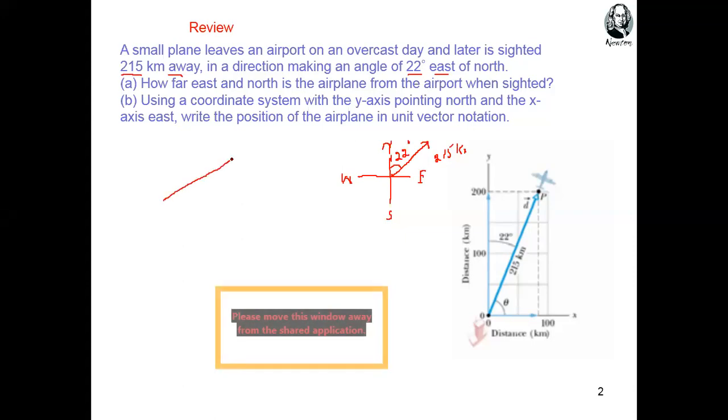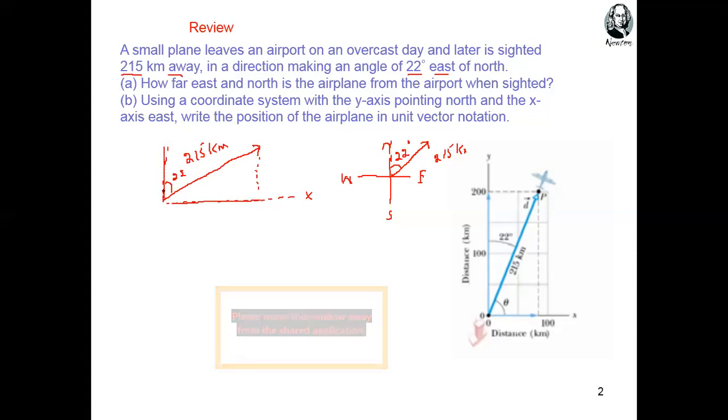Let's suppose the vector length is equal to 215 kilometers. The angle is also given, 22 degrees, but we need this angle with the x-axis. We know that the total angle is 90, so when we subtract 22 from 90, this angle will be 68.